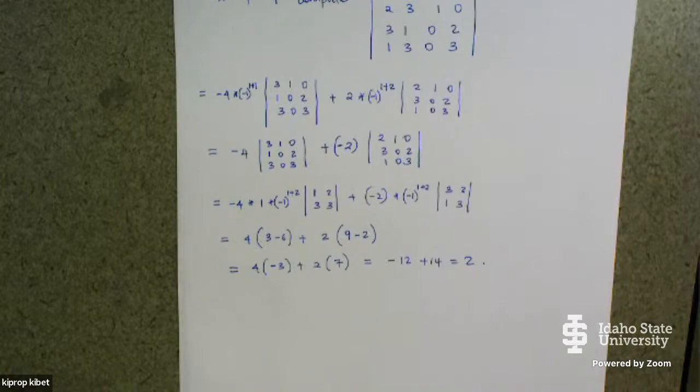So again, it is the same way. I use the first row. So I took -4, and then -1 raised to 1 plus 1, and then cancel this row and that column, and then plus this 2 here, 2 multiplied by -1 raised to 1 plus 2, and then cancel this and that.